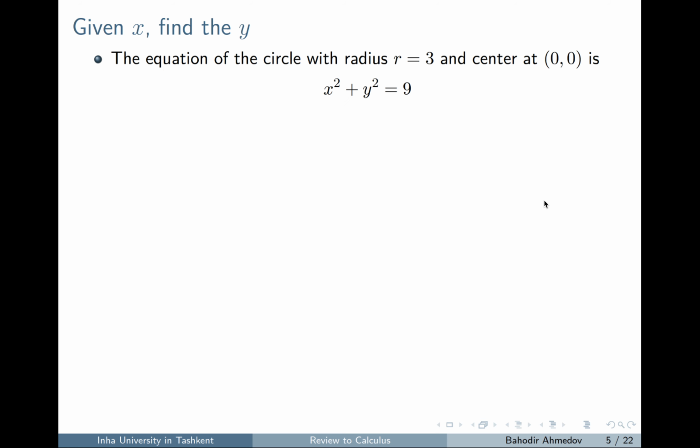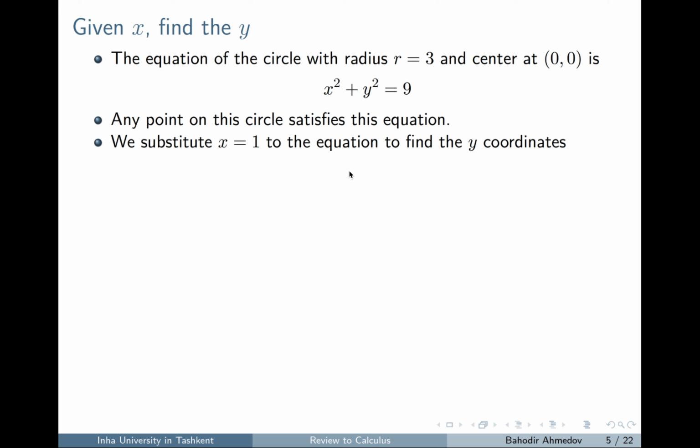First of all, we need to bring in the equation of the circle, which is x squared plus y squared equals 9. Since I know the x coordinates of the points, I can just substitute the x coordinate to find y squared. Please note that every point on the curve should satisfy this equation, right? So let us substitute x equal to 1 into this equation to obtain this equation.